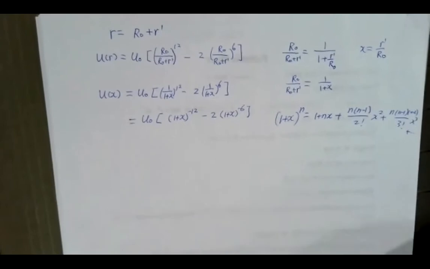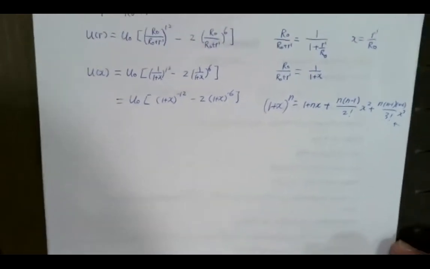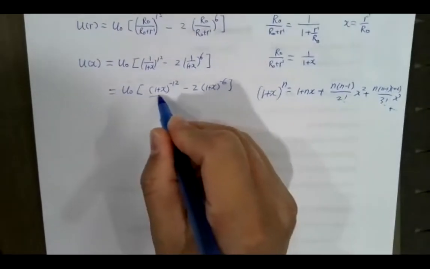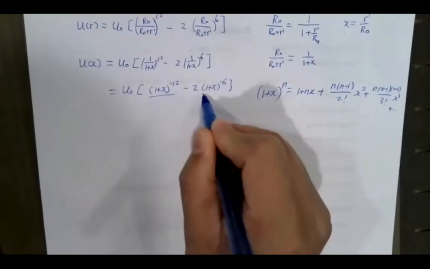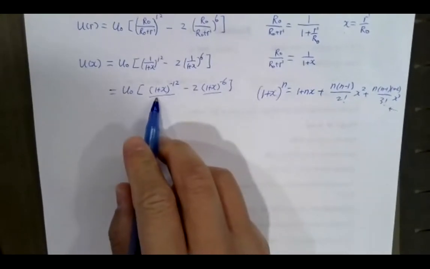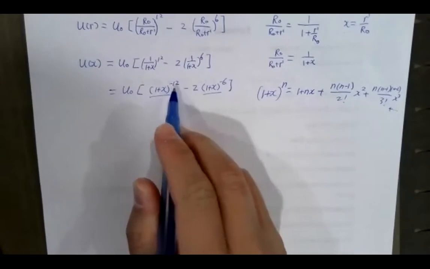So basically, you are going to apply the binomial theorem to this term and then to this term. On the first term, your n will be equal to minus 12.